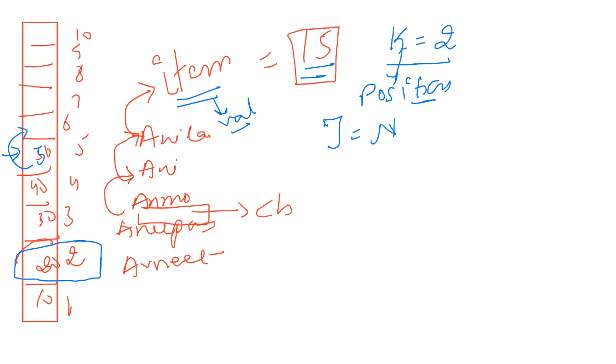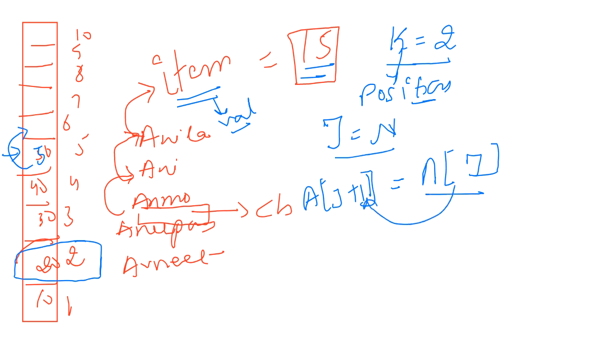What I have to do is, if the name of the array is A, A of J will go to A of J plus 1. See, the assignment is always from this to this. So what is A of J? J is n, or you can say J is 5. N is nothing but 5. What is A of 5?